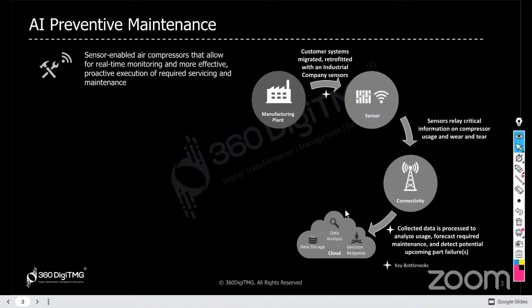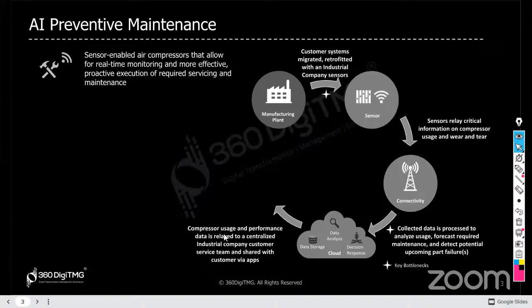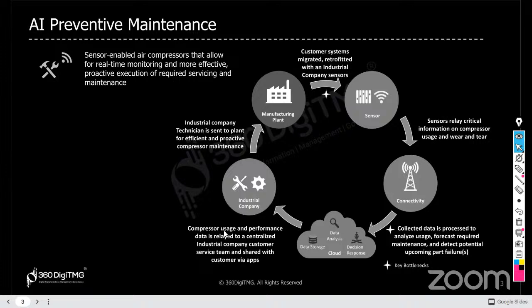You can store it on premise or on cloud. Compressor usage and performance is shared with the centralized industrial company, the customer service team, and the customer via apps. This is an example of an artificial intelligence application.